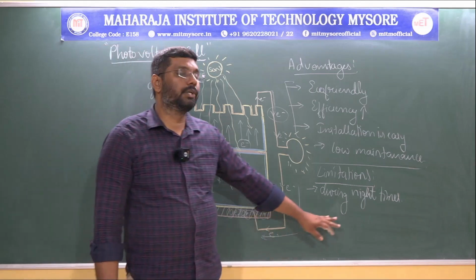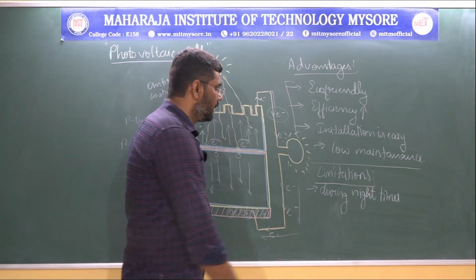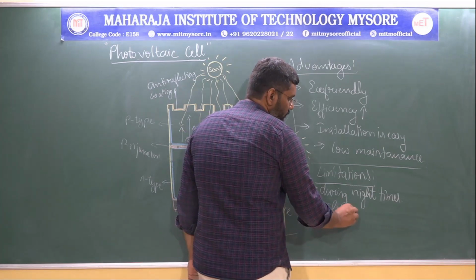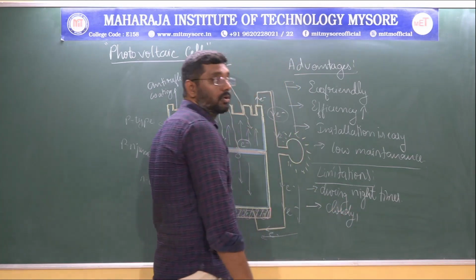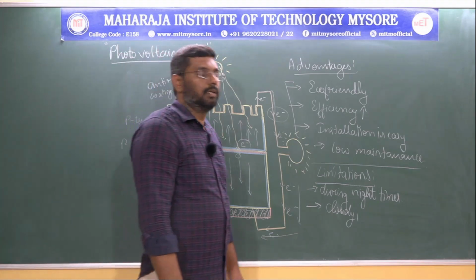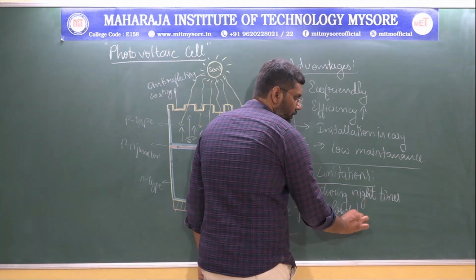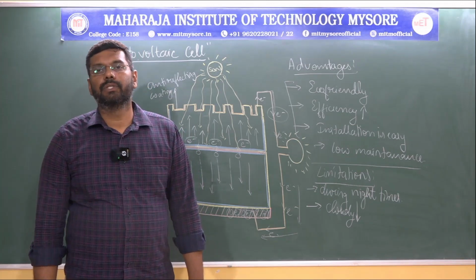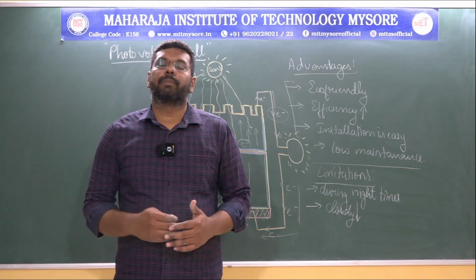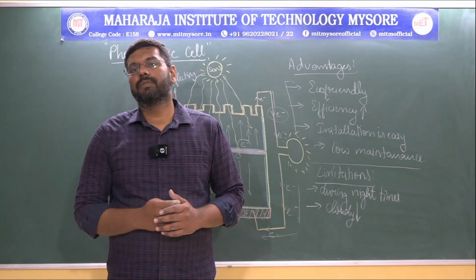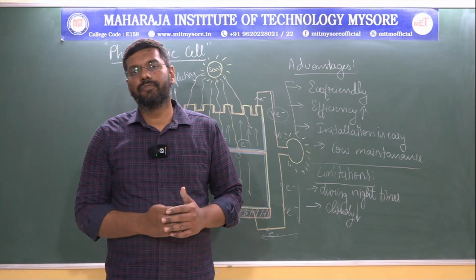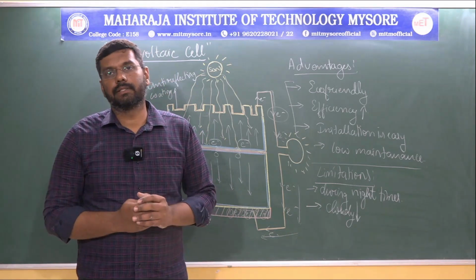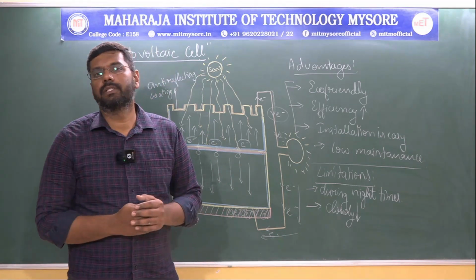So it will be inactive at night, and when the atmosphere has more clouds, then its efficiency gradually decreases, because when the percentage of solar radiation falling on PV cells decreases, the production of electricity by these PV cells also decreases. So that is one of its limitations.